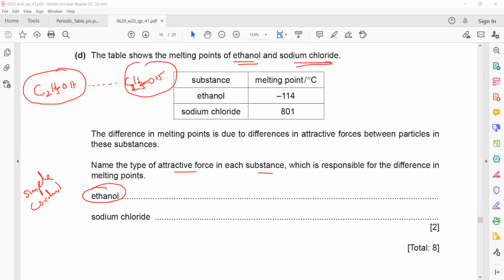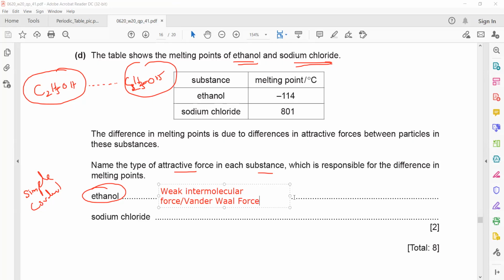Within the molecule it is covalent, but between the molecules, that force is called weak intermolecular force, also known as van der Waals force.